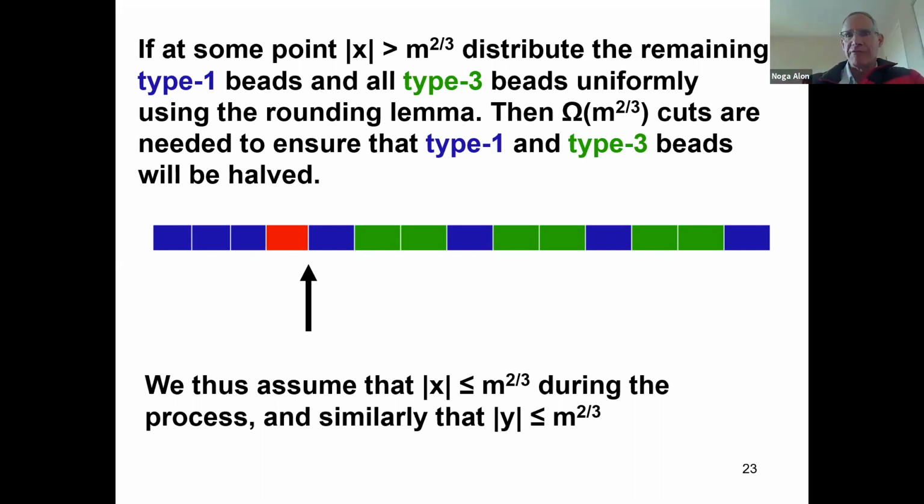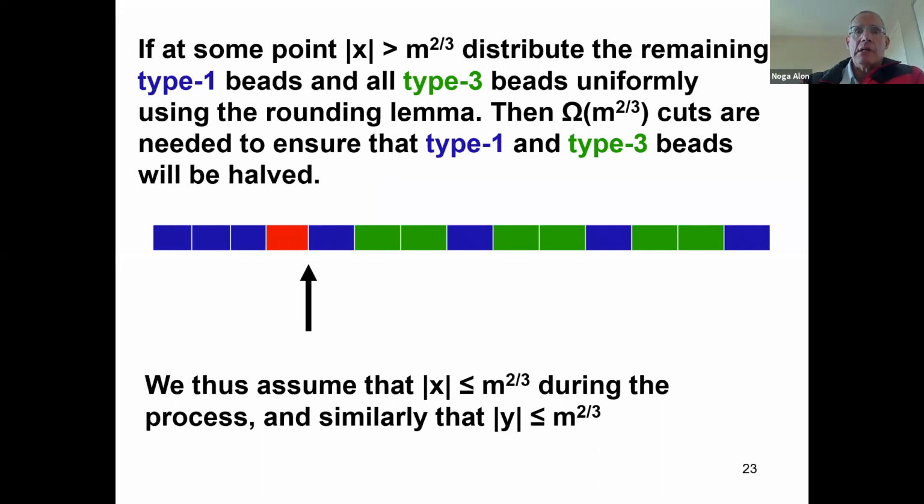So if I were allowed to do fractional things, I would say that from now on, every bead is fractionally green and fractionally blue, and I would split it evenly. And if I were able to do that, then you see that no number of cuts would be enough to balance things eventually, right?